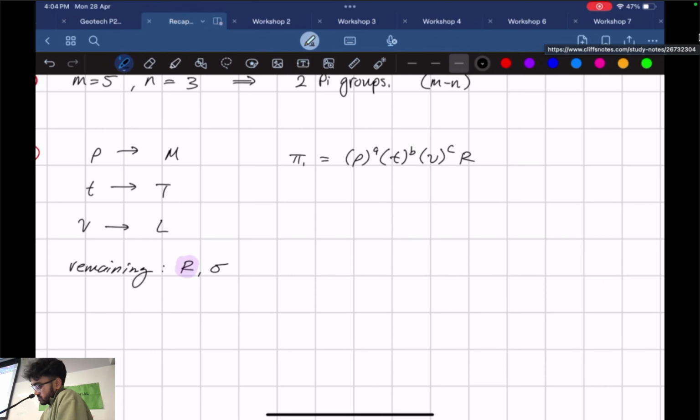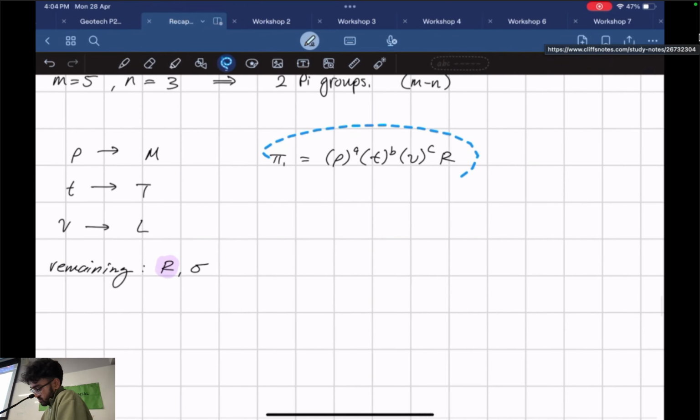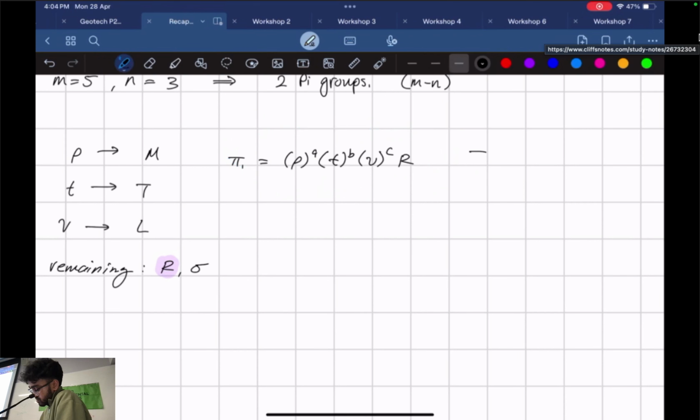Then for pi 2, let's say x, t, y, z, and we're going to pick surface tension.